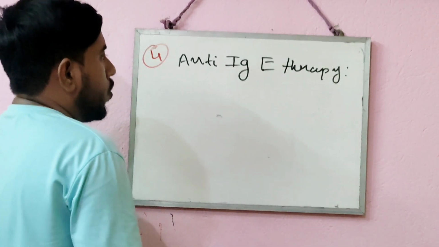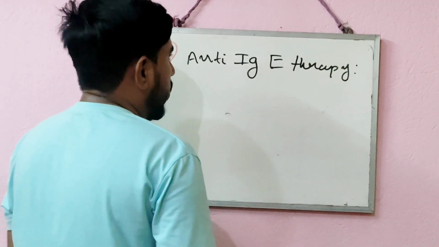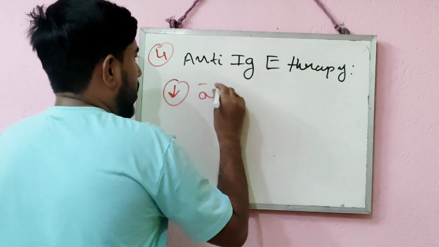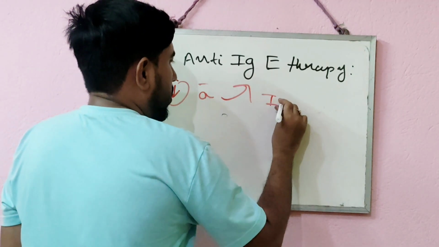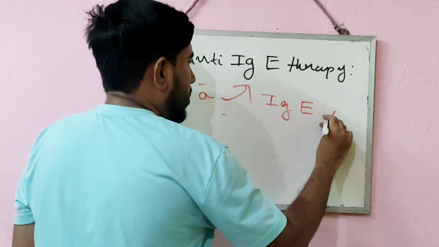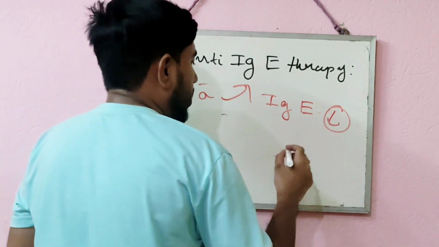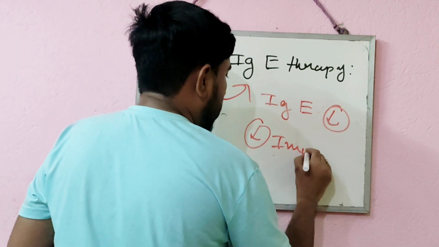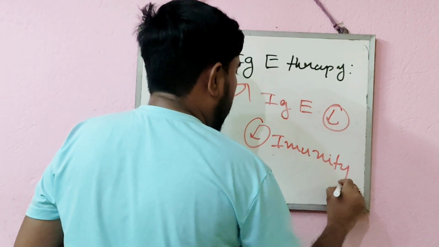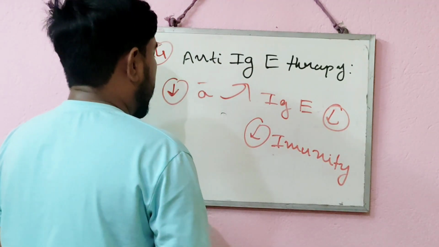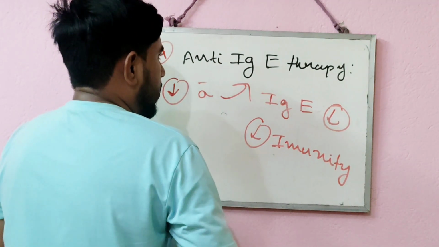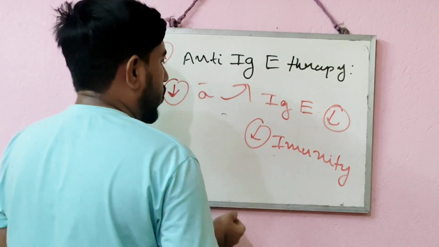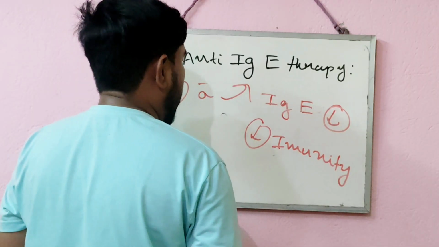So in this therapy, what we generally do is inhibit the action of immunoglobulin E. By decreasing the action of immunoglobulin E, it is going to suppress the immunity of our body, so that the immunity can't show extra possessiveness against the antigen and go into autoimmunity that can lead to asthma.